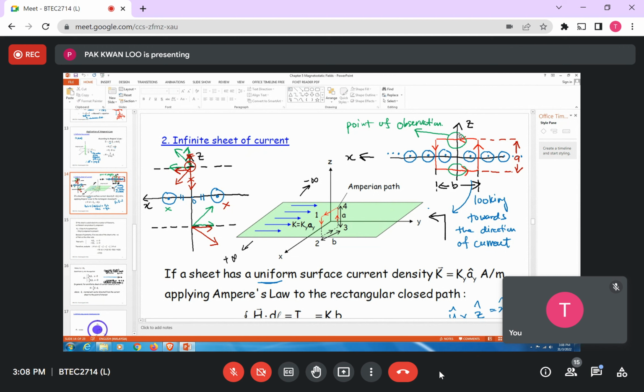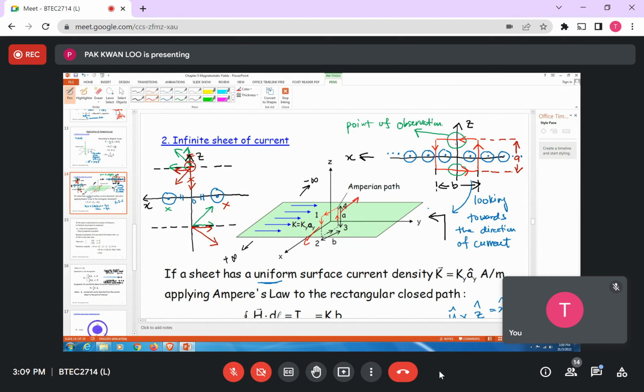As I explained, the result for this rectangle will be the same if we move this rectangle position to here or to here. The point of observation is the same because it is infinite. Of course, the term infinite is relative to the point of observation.